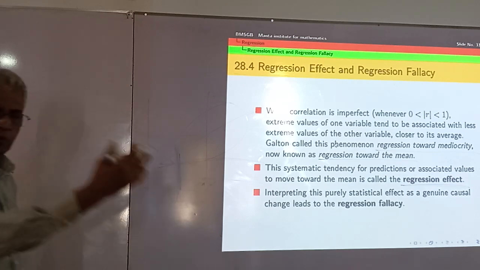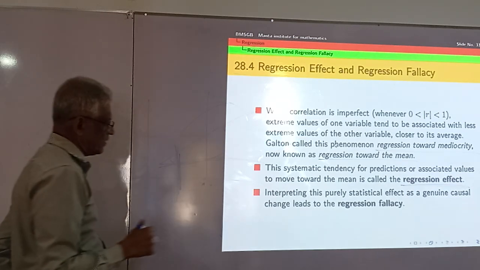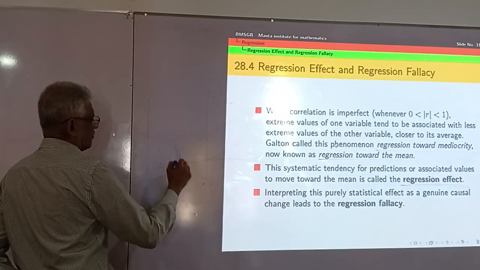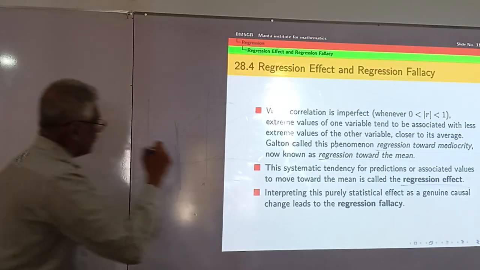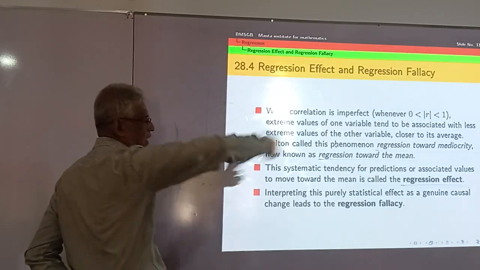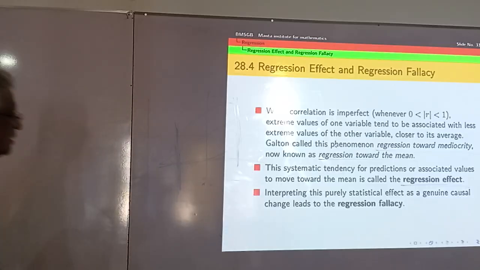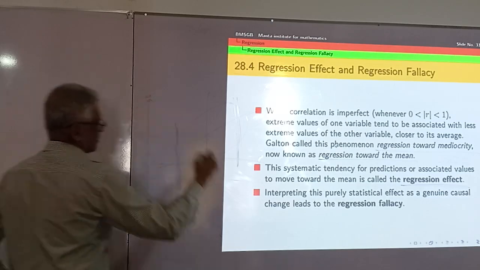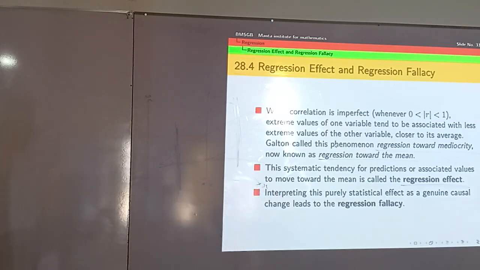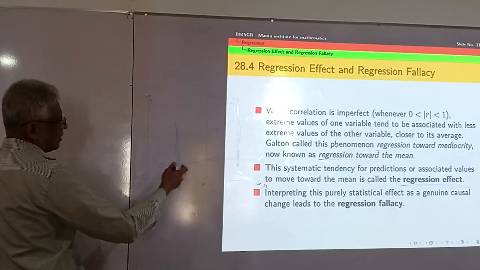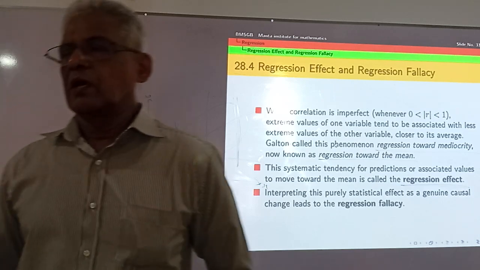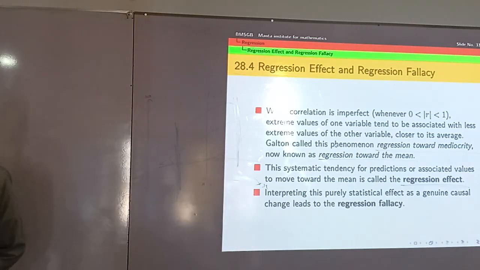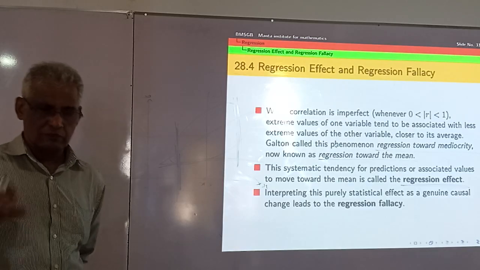If you consider some small x values and some large x values, for a given small x value there will be several y values, and for a given large x value, again there will be several y values. If x is small for some value, generally its y values are going to be larger than what we usually expect.